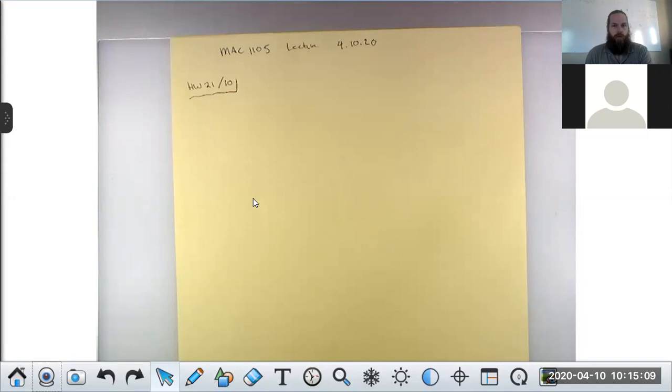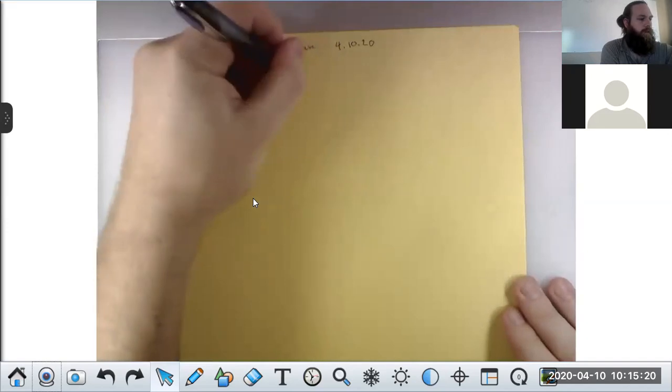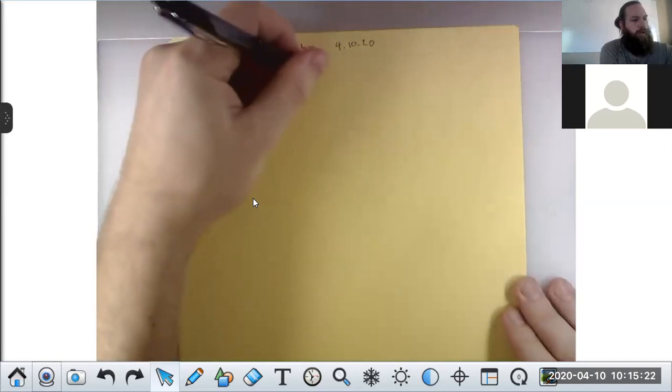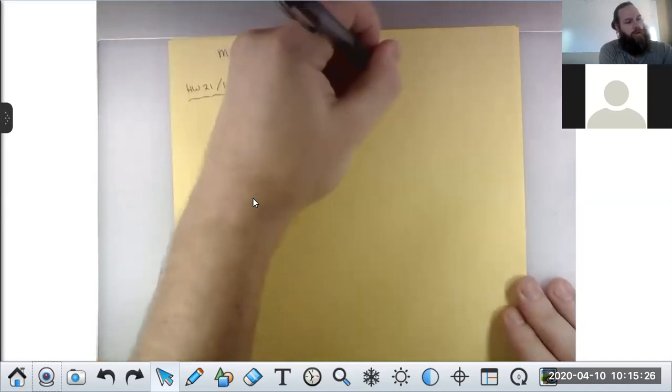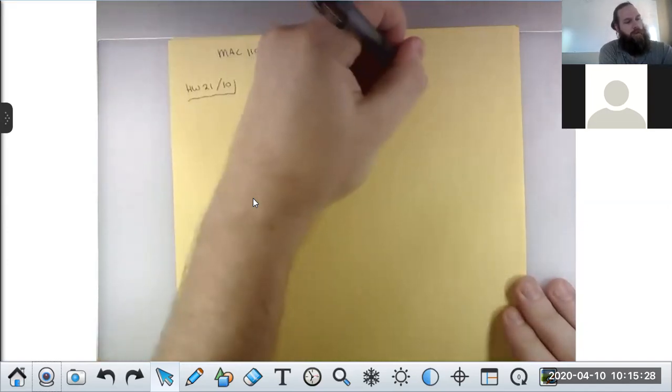So we're asked to graph f of x equals the natural log of x and g of x equals the constant function 1.6.